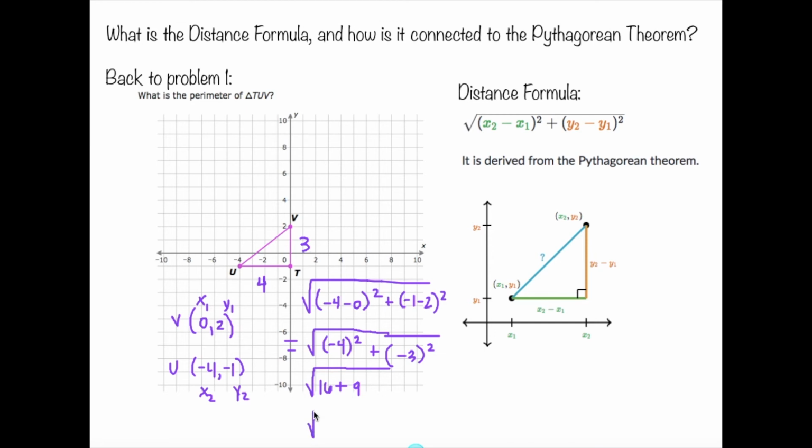This gives us the square root of 25, which is 5. And if we remember, that's the same answer that we got when we did this example problem the first time. So it doesn't matter if you think of it as finding this distance using the Pythagorean theorem or using the distance formula. But again, if you don't have a graph or if your distance between points is really large, this distance formula might be more efficient for you to use.